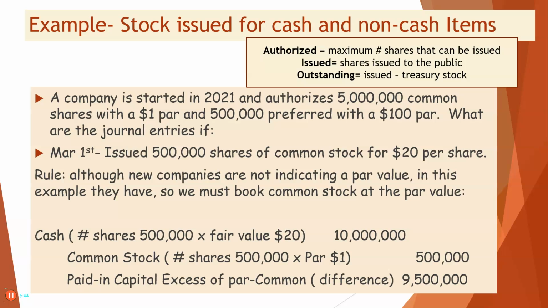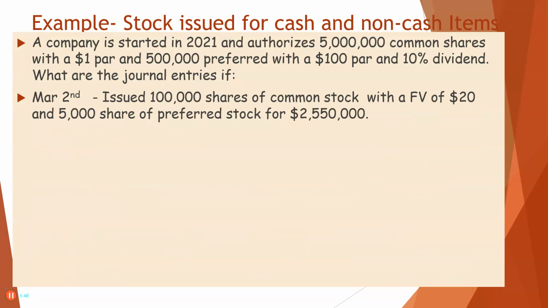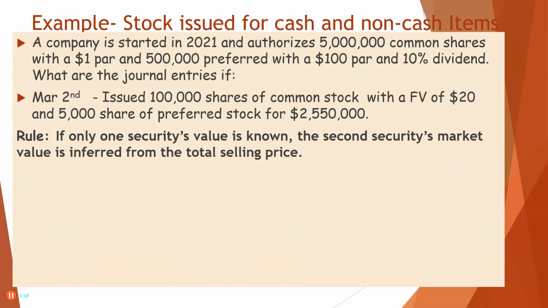Now our next transaction in March. We issued 100,000 shares of common stock with a fair value of $20 and 5,000 shares of preferred stock for $2,550,000. Now, the rule is, if only one security value is known, the second security's market value is inferred from the total selling price. So what does that mean? You back out, you take the total amount, you first figure out, in this case, the value of the common stock, which is $20 a share, and then you apply the difference to the preferred stock.